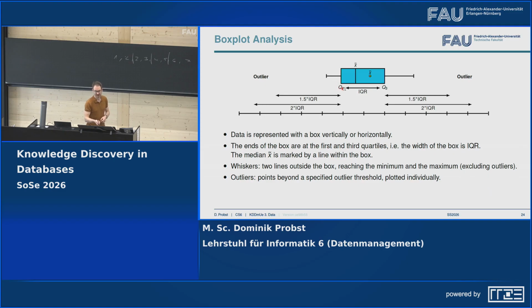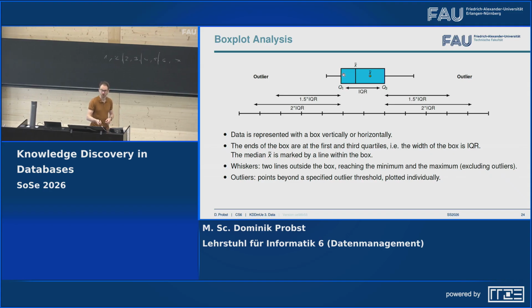This defines the left line of the box plot. Then we take a look at the median. That's the middle line of the box plot. We also have to take a look at the third quartile because it's the upper end of the box.